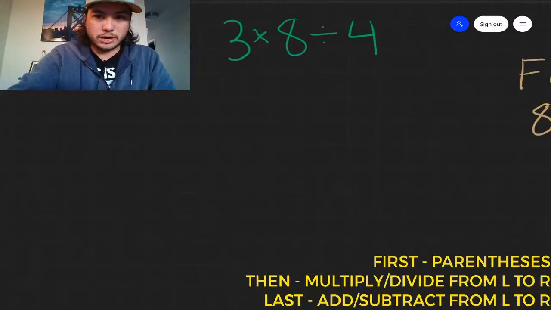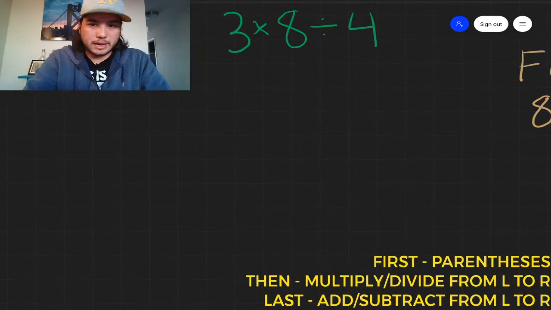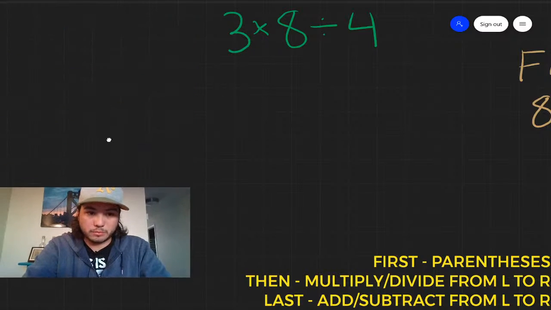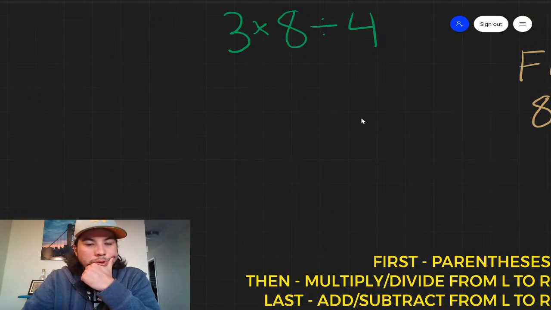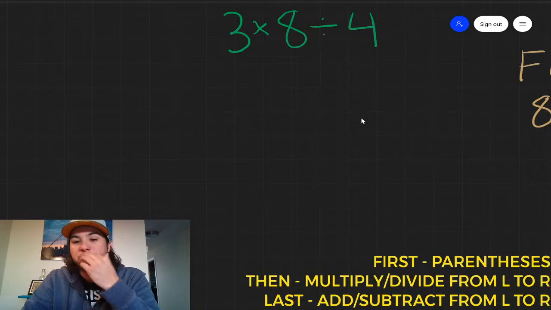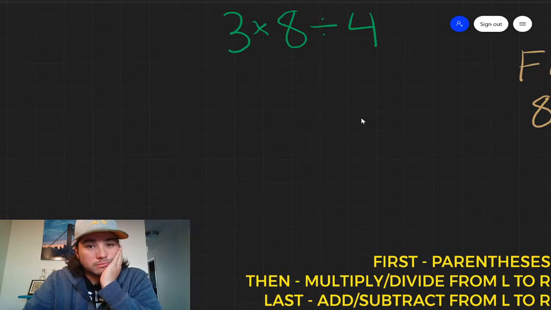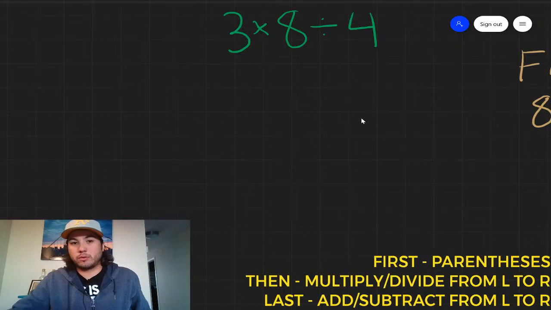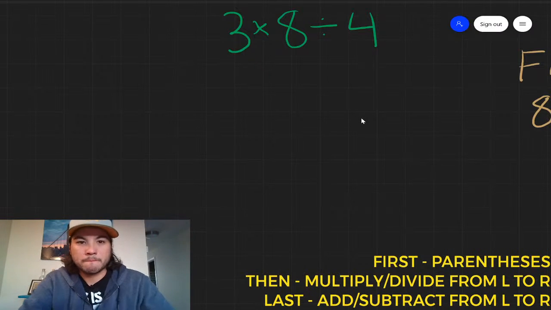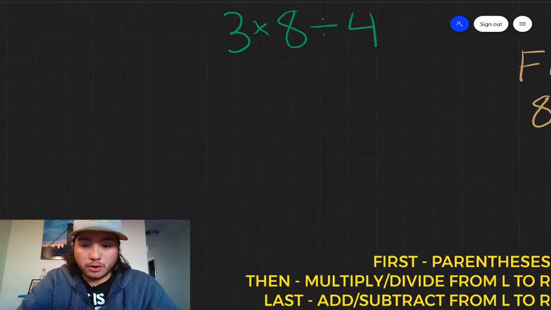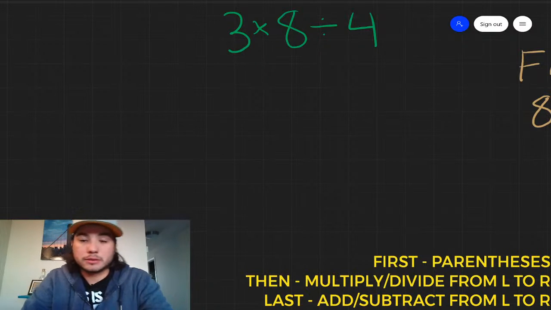Okay, let's try 3 times 8 divided by 4, as I move my face back down to the bottom corner. Okay, so take a look. Do we have parentheses in 3 times 8 divided by 4? No. So we're going to go from left to right.